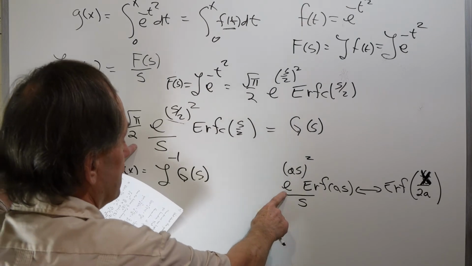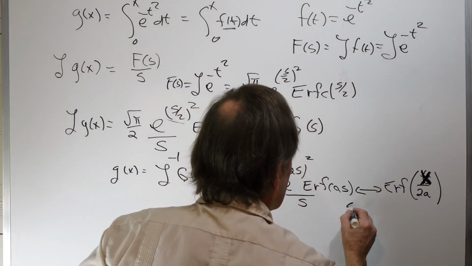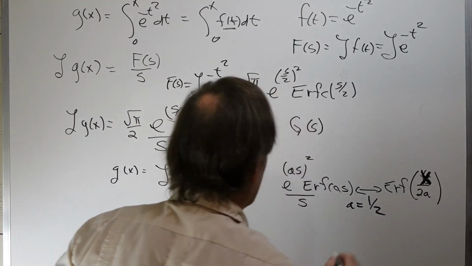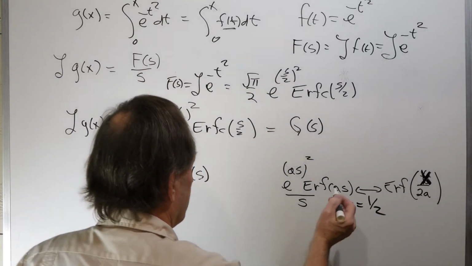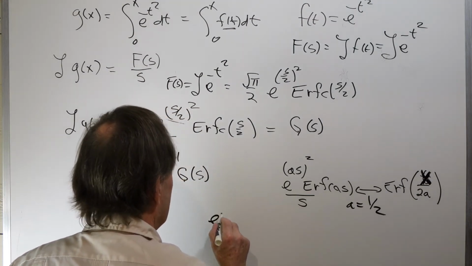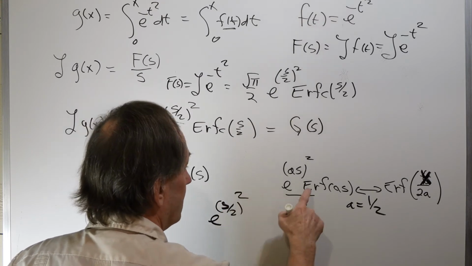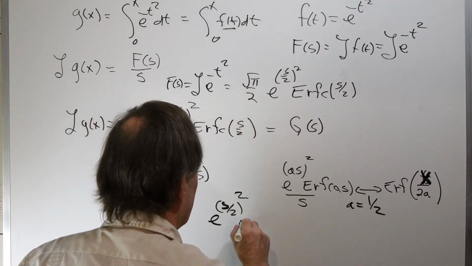So we compare the forms. In this case, a is going to equal 1/2. So using the form here, we have e to the (s over 2) squared. I'm putting a equal to a half.